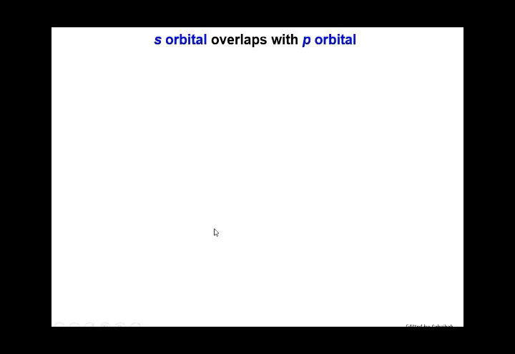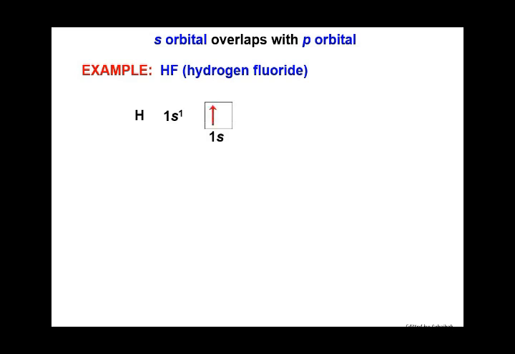S orbital overlap with p orbital. For example, hydrogen fluoride with different electronegativity. Hydrogen electronic configuration is 1s1 and in the orbital diagram consists of only one orbital, one electron.